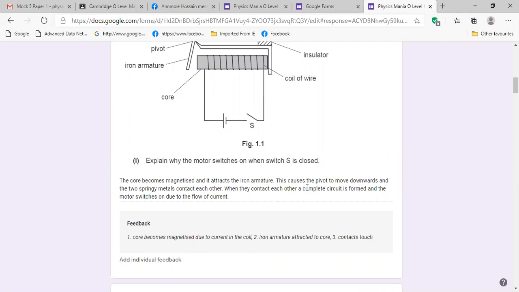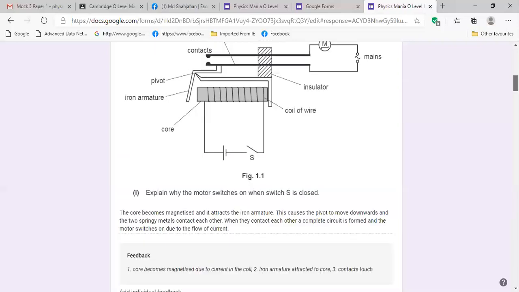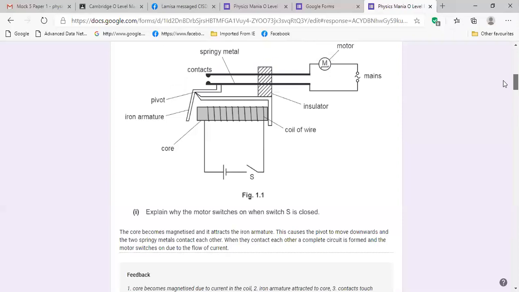The iron armature is attracted to the core. You wrote this causes the pivot to move downwards, and the two springy metals contact each other. Where are the two springy metals?